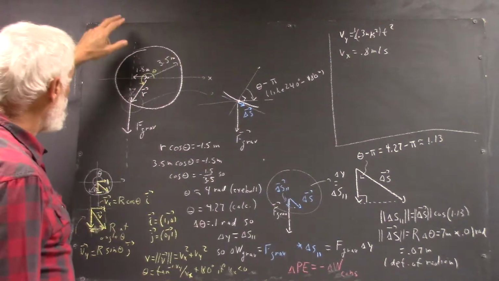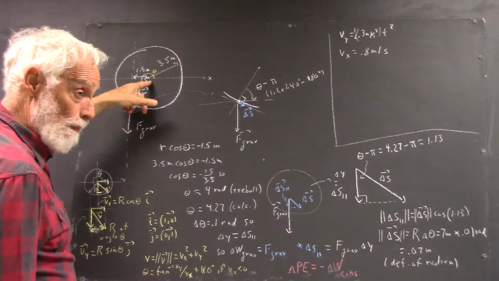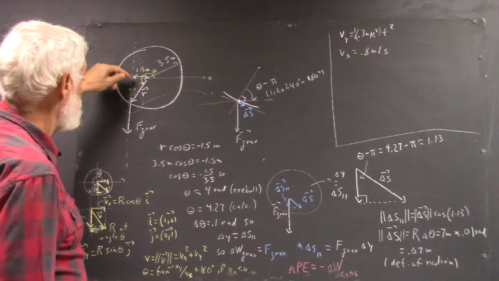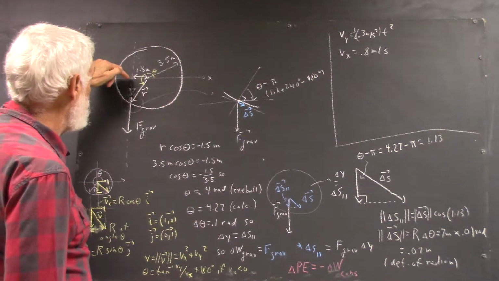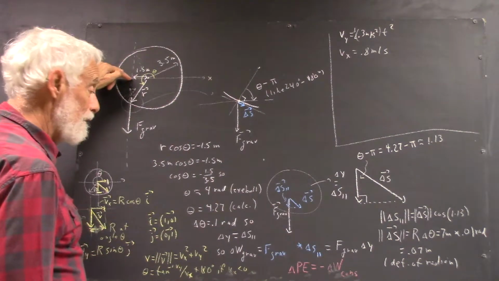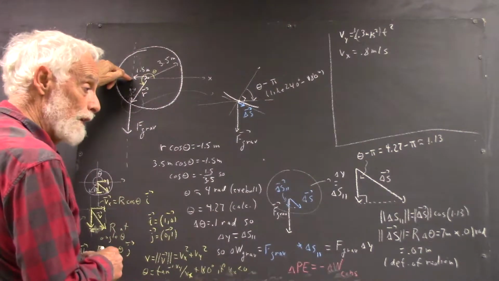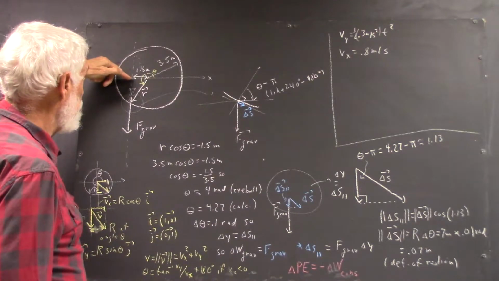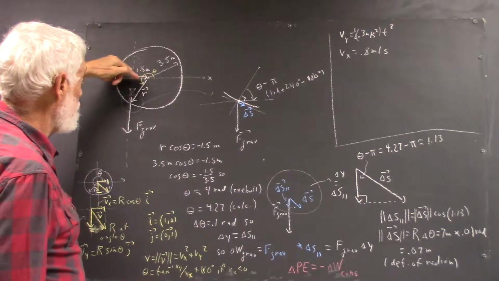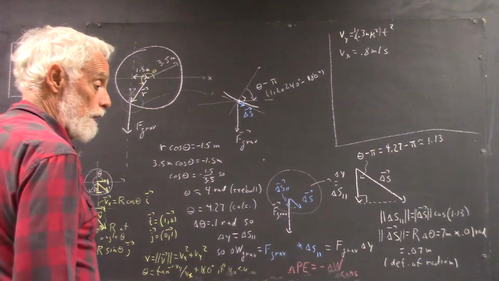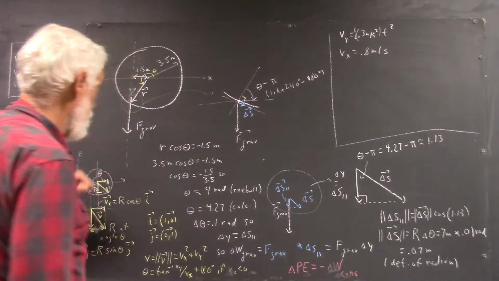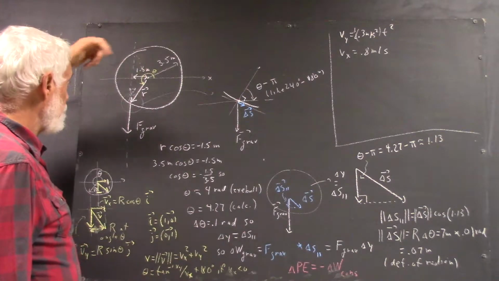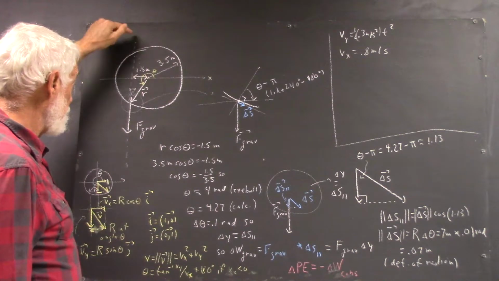The distance of a line from a point is measured from a point on the line which, when extended in the direction perpendicular to the line, goes through the point. Okay, I didn't say that well, but that's something everybody should know. So this is 1.5 meters.